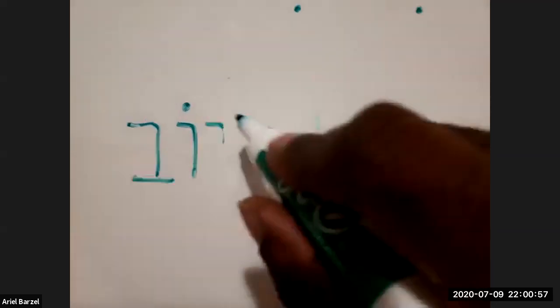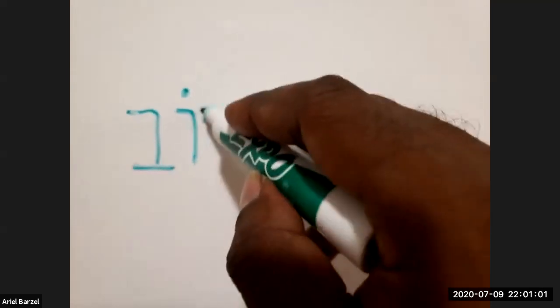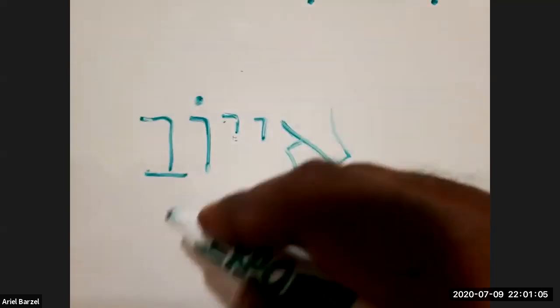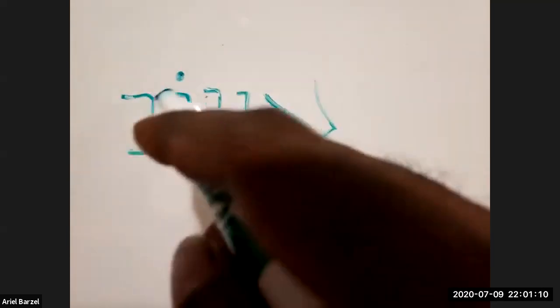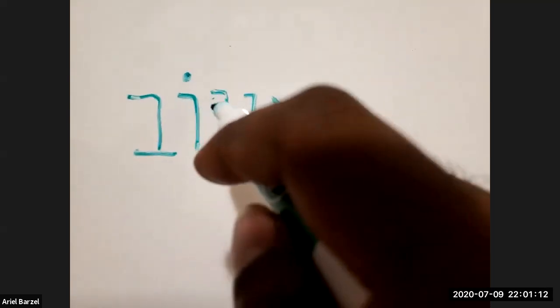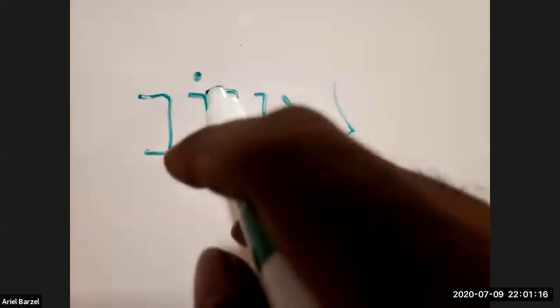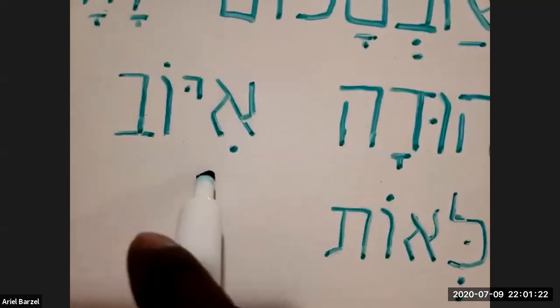And you have a yod just functioning as a consonant. I need some markers. I'll send you the link too for that. This yod is functioning as a consonant now, so it's making the Y sound. So yo, yo. That's what we have here.